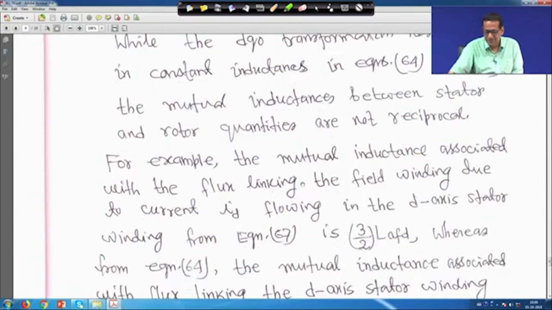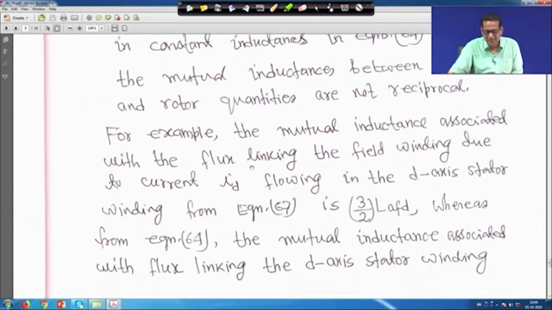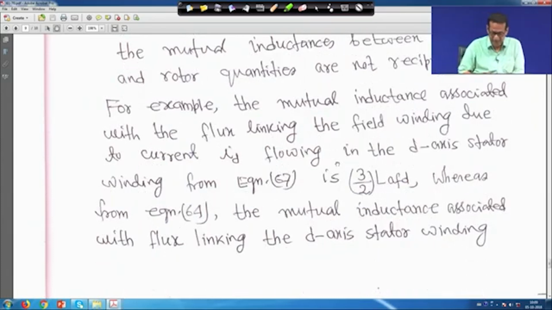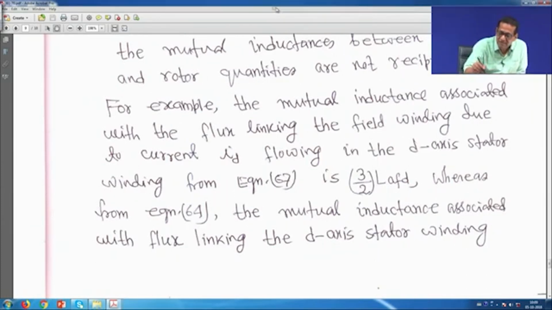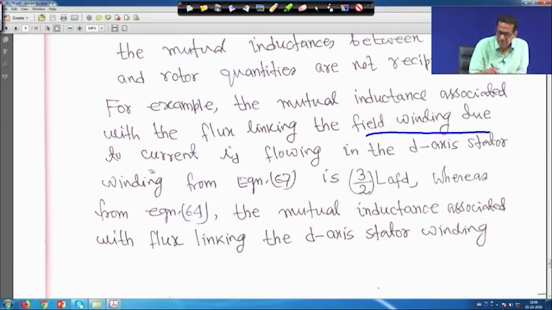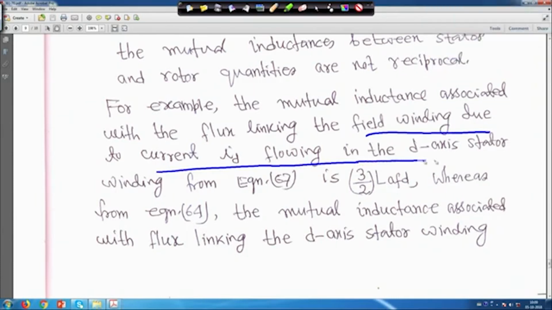For example, the mutual inductance associated with the flux linking the field winding due to the current ID flowing in the d-axis stator winding is, from the equation, 3/2 LAFD.